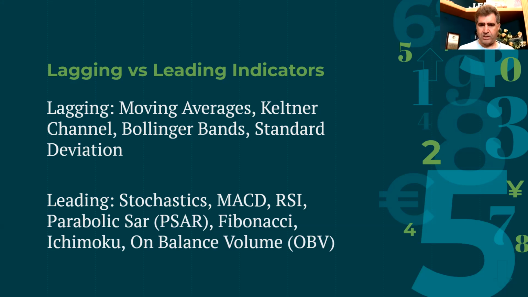These are more either coincidental or forward-looking, and these are mostly oscillators, and they derive from the price itself, in the sense that usually when we do the charts, they are on the bottom or top of the chart, so they're not in the chart. So those are more leading indicators.